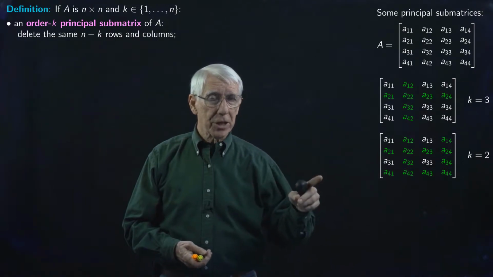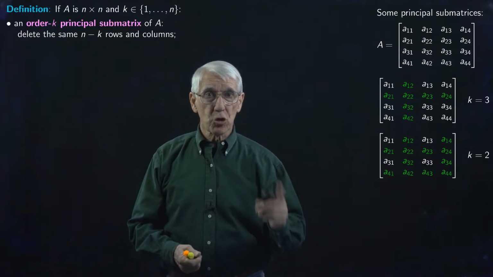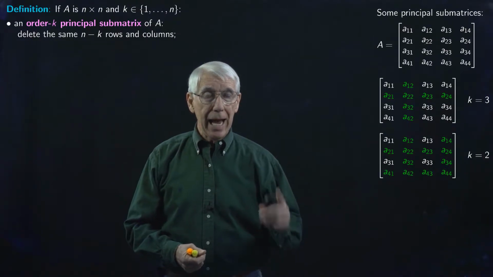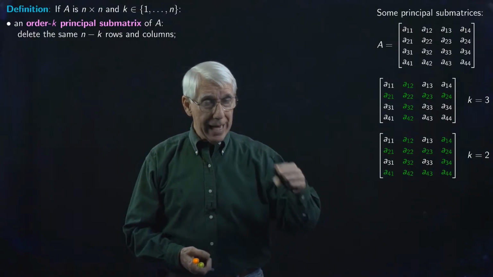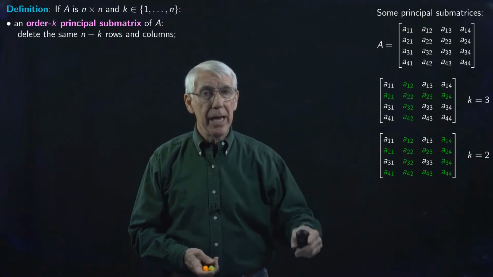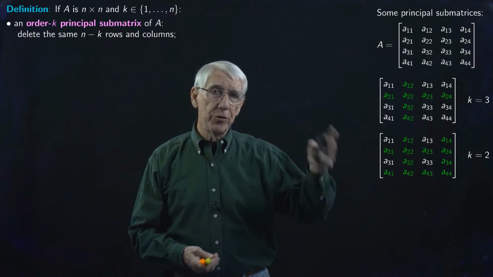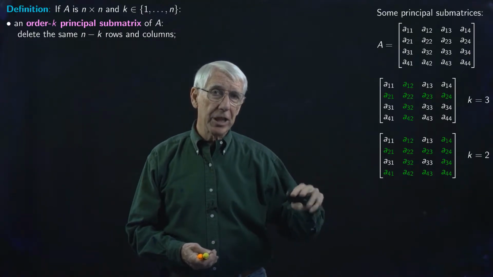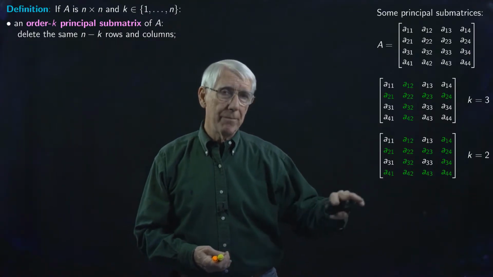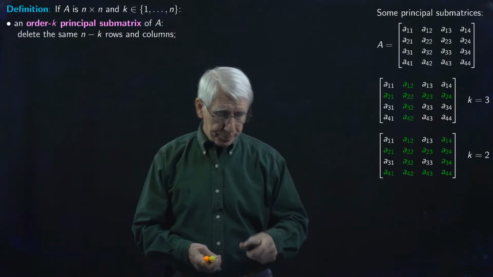Principal submatrices, unlike general submatrices, are always square, and they have diagonal elements from the original matrix, as an aside. They always retain the same numbered rows and columns from the original matrix, and they always delete the same numbered rows and columns from the original matrix.